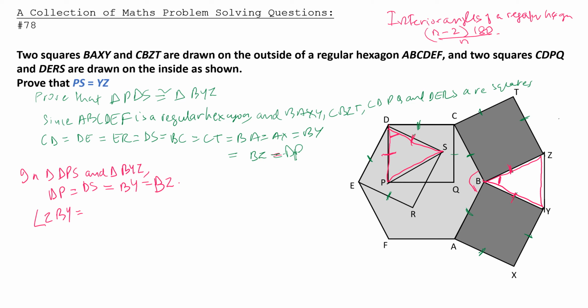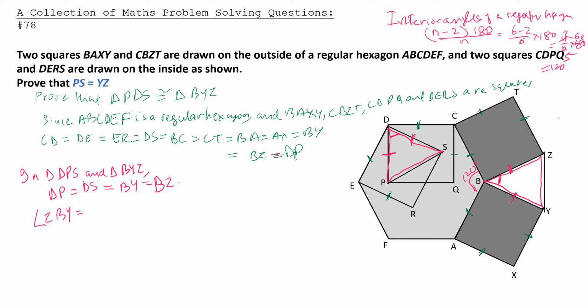So here n equals 6. So 6 minus 2 divided by 6 times 180, or 4 out of 6 times 180, 3 times 60, that's 120. So interior angles of a regular hexagon are 120 degrees.